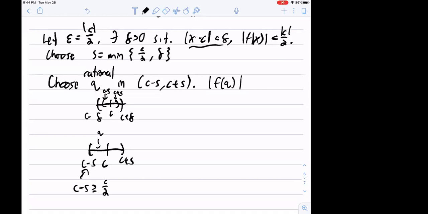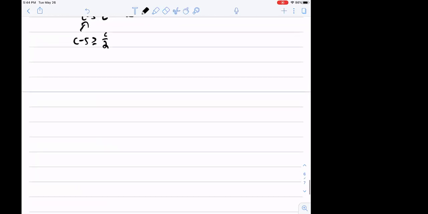Agree? At least in absolute value. So this is going to be bigger than or equal to the absolute value of c over 2, and then you're done. So again, I chose the minimum to make this true, and I chose this so I lie in this interval. Hopefully that's clear.